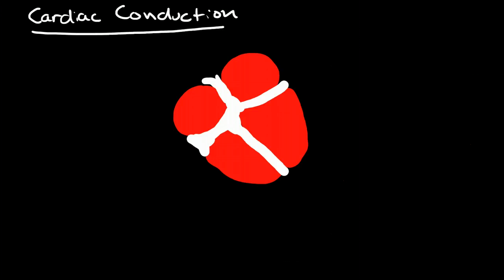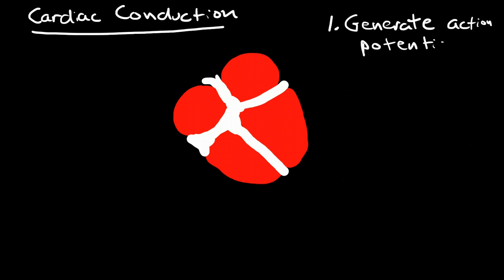And that allows, number one, the myocardial cells to generate an action potential. Now, not all myocardial cells can generate action potentials, but some can. And other specializations of the myocardial cells allow these action potentials to travel from cell to cell, otherwise known as action potential propagation.